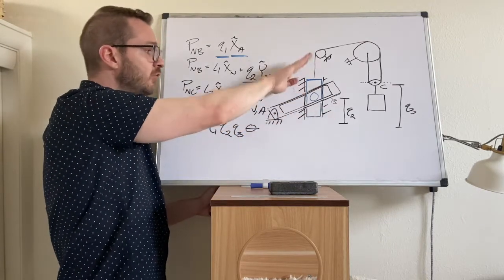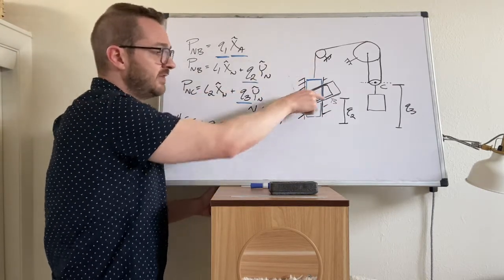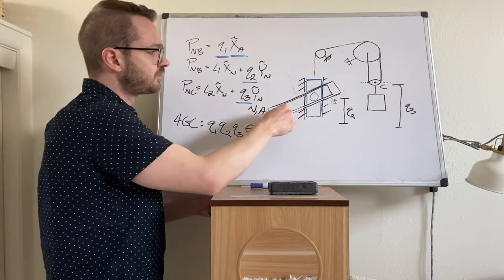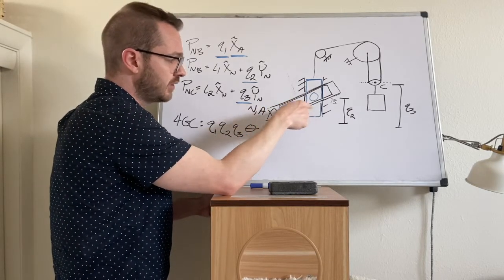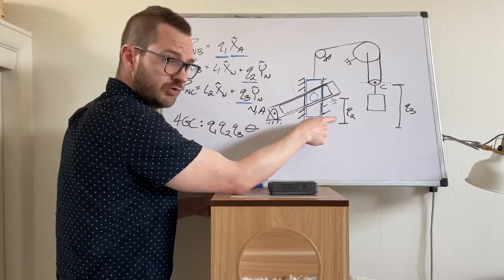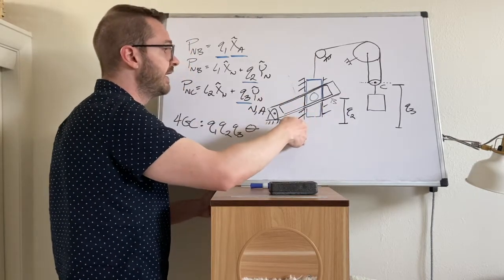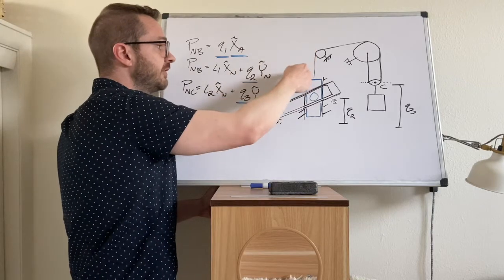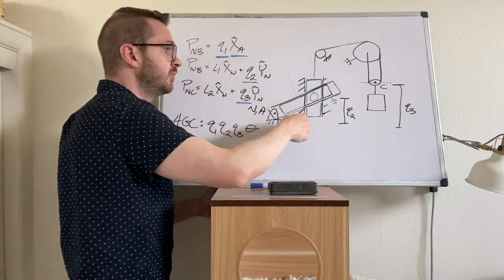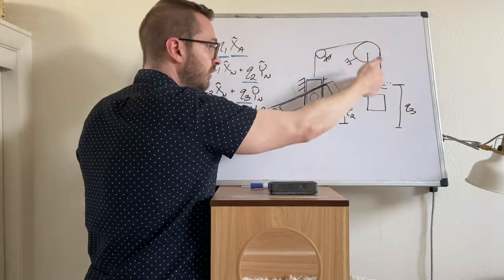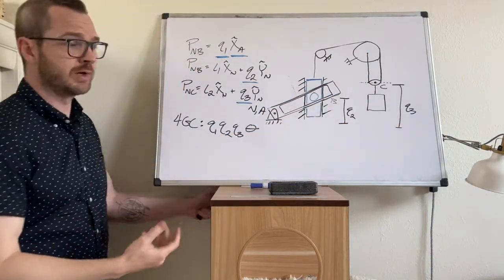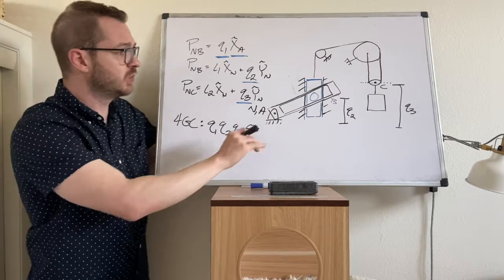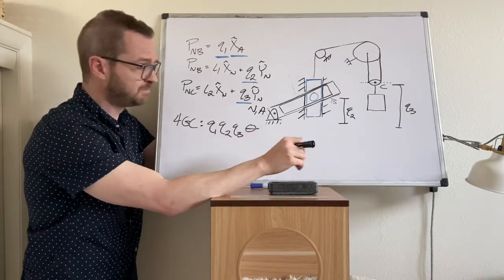And as it moves away from the x hat n, that distance is going to increase. So this changes, that's going to make Q1 change. It's going to also make Q2 change, right? This is moving up and down. And that's going to change the length of this rope. It's going to add or feed some rope to it. And of course, as that happens, when it's fed through here, it's going to change the length of Q3. So just from observation, we can tell that there's going to be 1 degree of freedom.